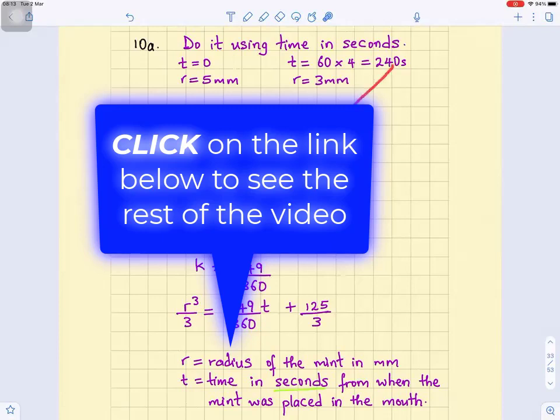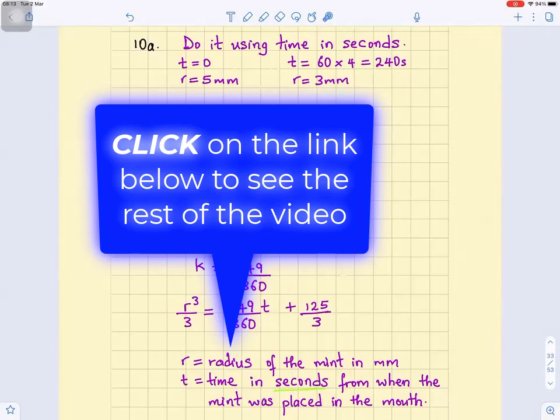240 comes from 60 times 4, which is 240. And the radius is 3 millimeters. And you will solve that. That will give you k to be 49 over 360.